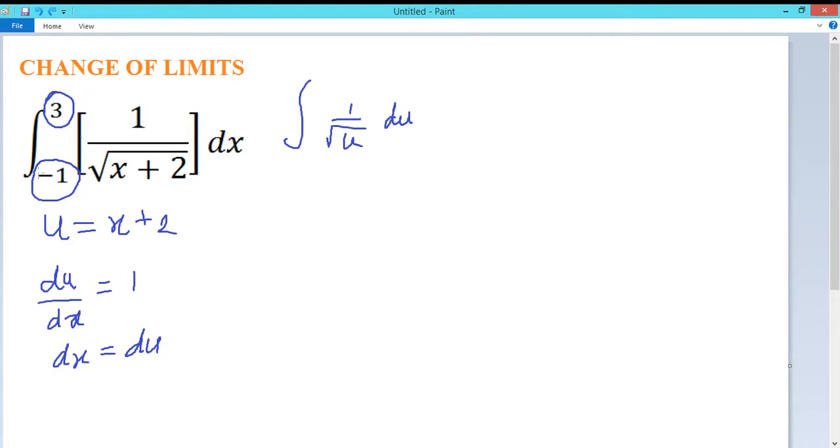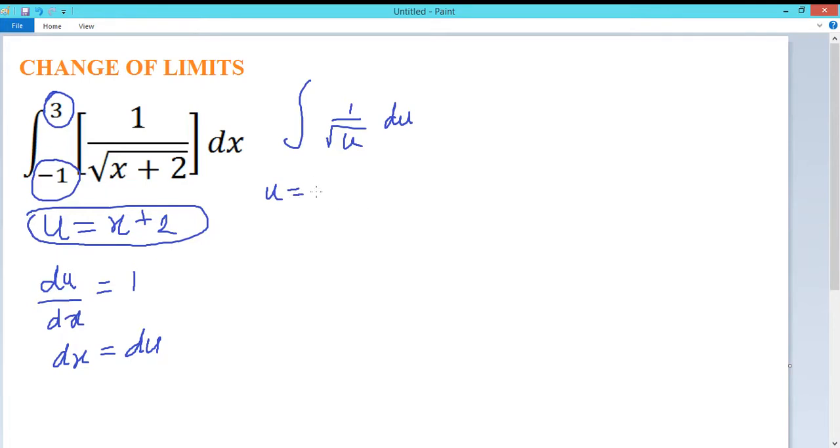So we have to change the limit, because the original question was integration with respect to x, and the lower limit and the upper limit given here are x values. Now we are going to integrate with respect to u. Hence, we must find the corresponding values for u, knowing that u is always x plus 2. Hence, our new limit is going to be x plus 2.